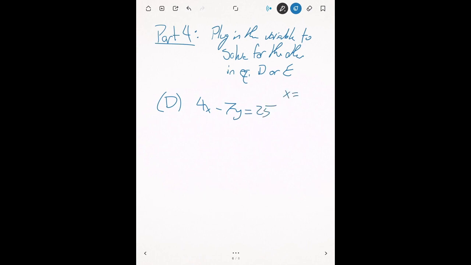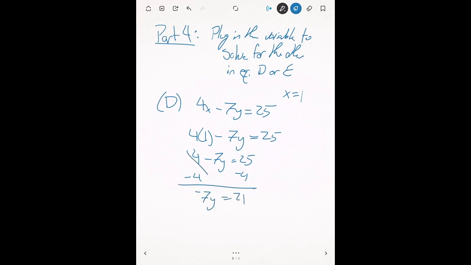And I know that x equals 1, so I'm going to plug in 4 times 1 minus 7y equals 25. So 4 minus 7y equals 25. Subtract 4 from both sides. Negative 7y equals 21. Divide by negative 7, and we get y equals negative 3. And that's it. There we go. We have what y equals.